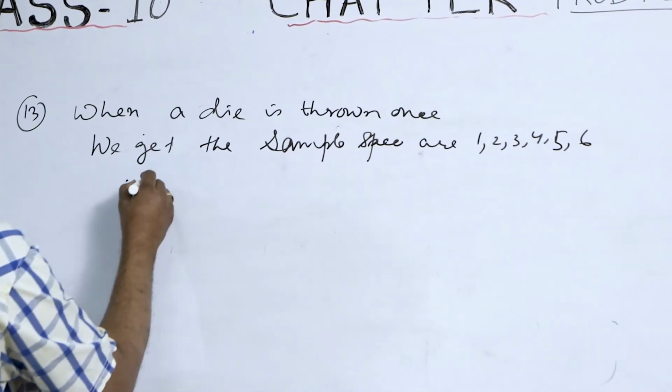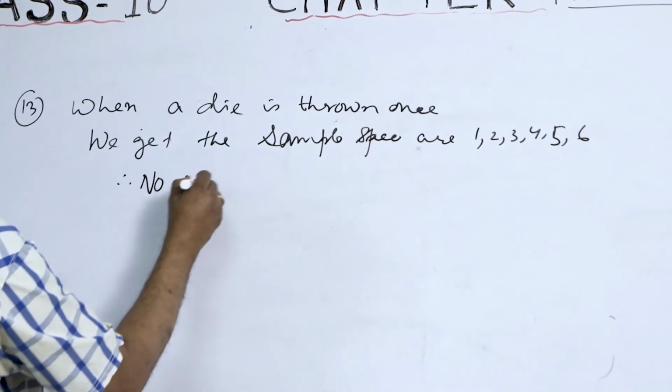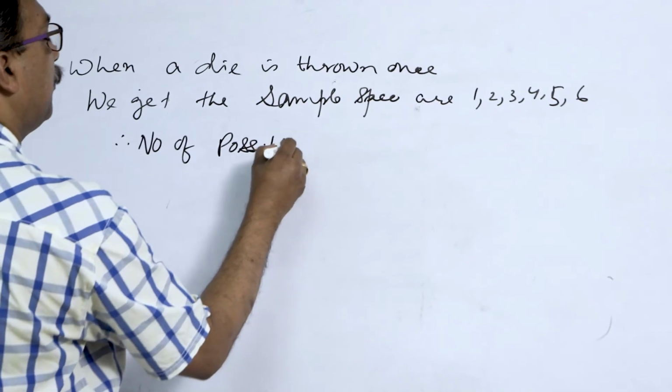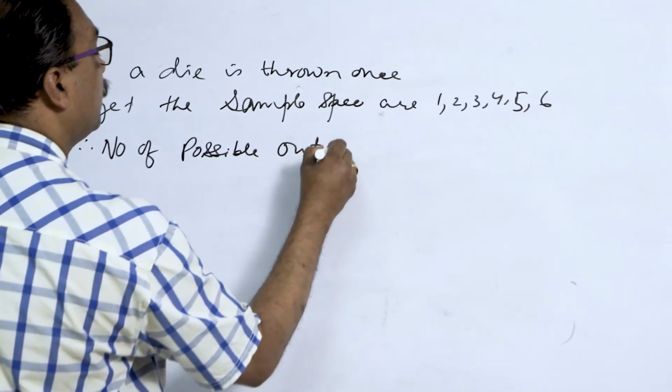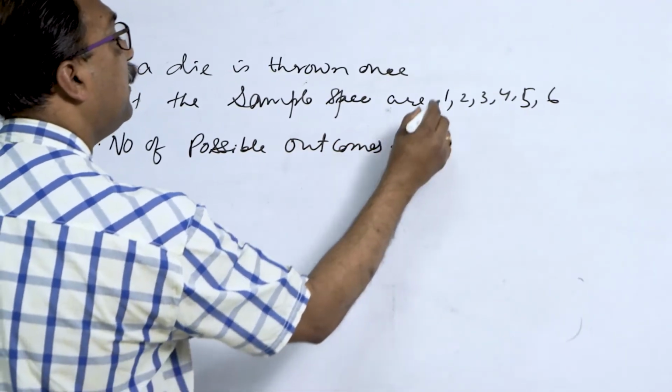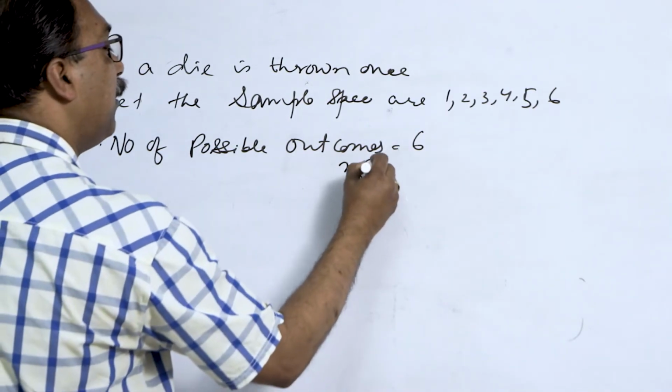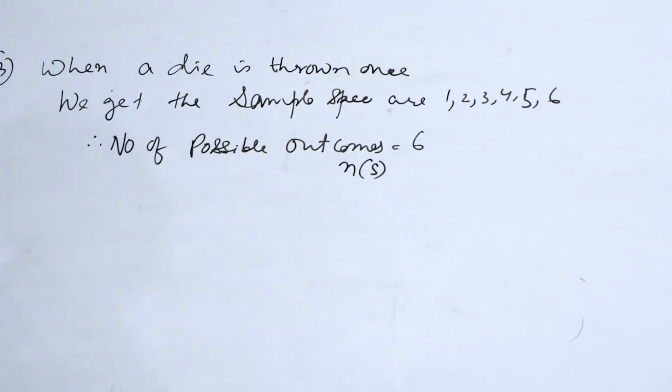So, therefore, the number of possible outcomes, how much will it be? 6. That is, we call symbolically n of S, number of sample space.